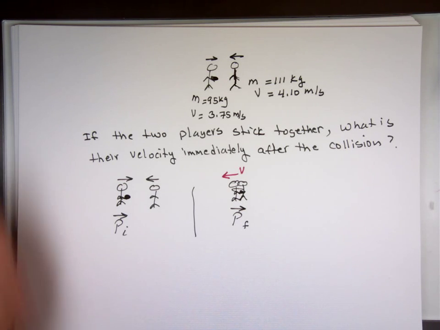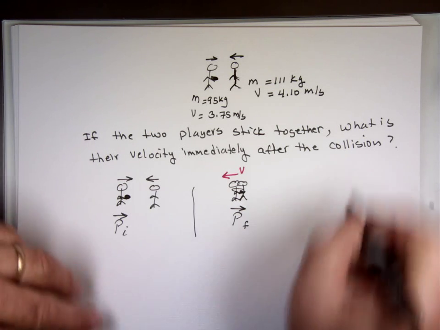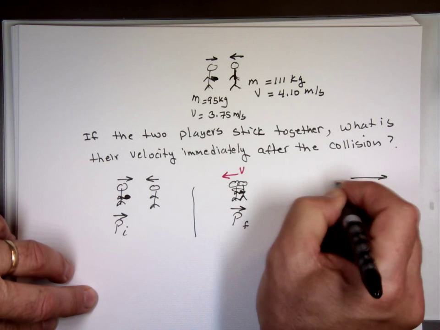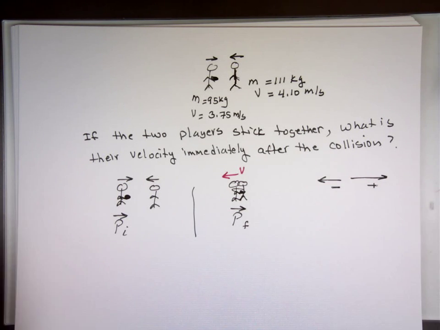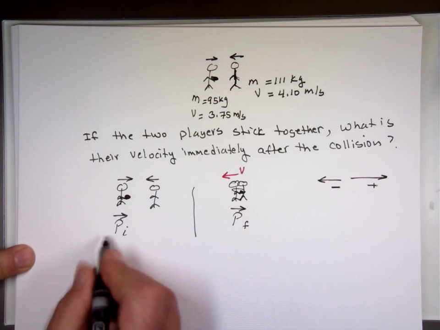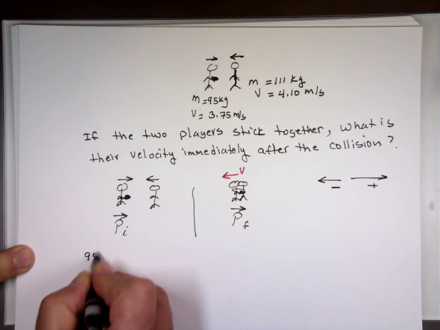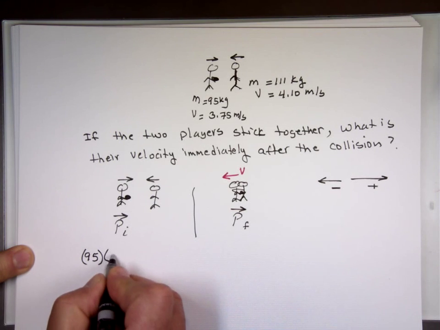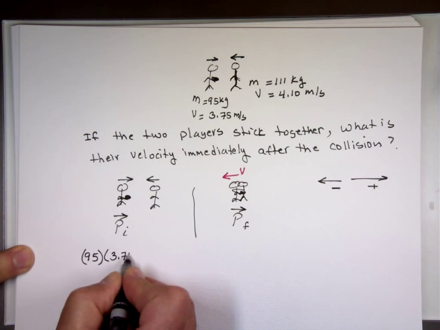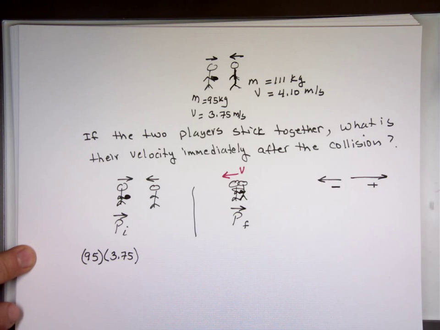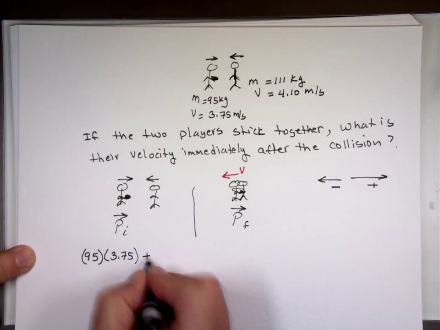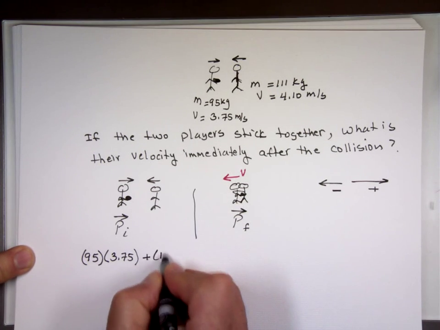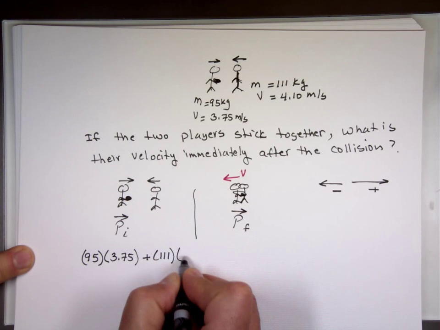So for the before, I'm going to use to the right as positive, to the left as negative. So now look at the linear momentum before. The running back has a mass of what? 95 kilogram. He is running to the right at a speed of 3.75. The linebacker is going to tackle him, has a mass of 111, but a velocity of negative 4.10.